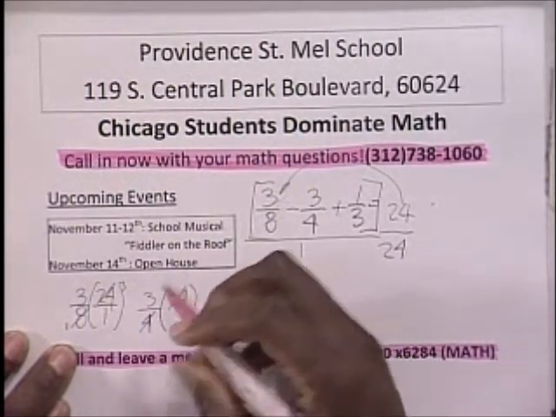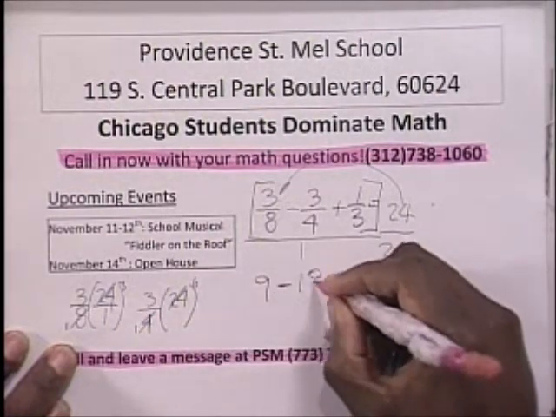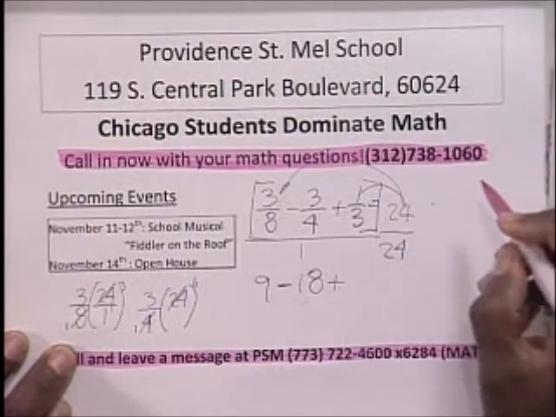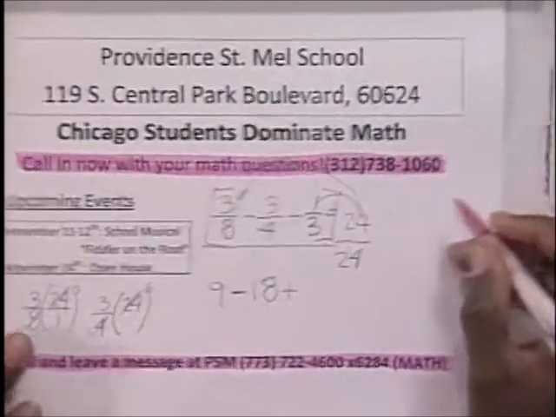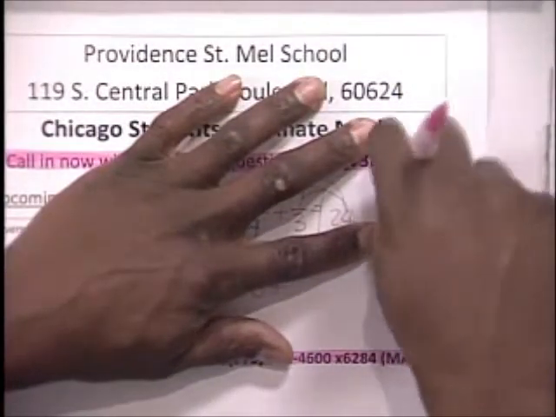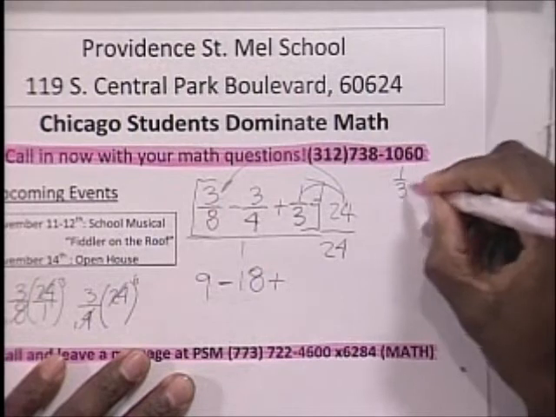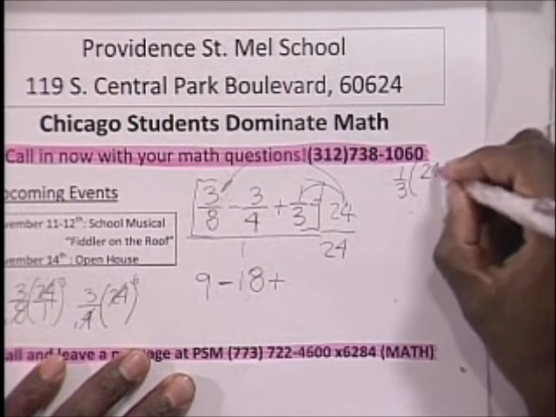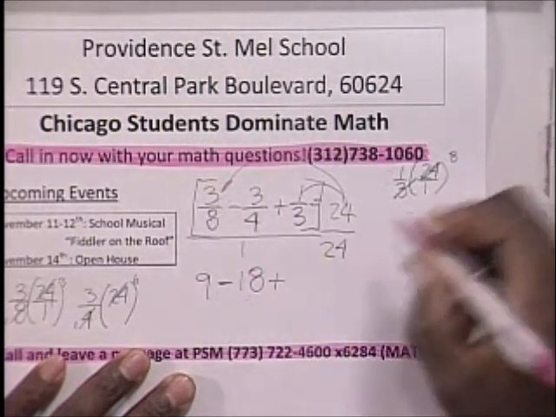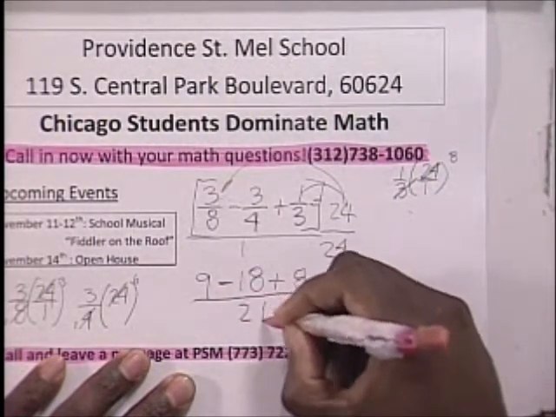The 4 and the 24 cross cancel. That becomes a 6. And you have the 18. That's correct. And then you have the plus. Now let's multiply the 24 times 1/3. My next one after 18, I got 8. All right, so we have 1/3 times 24. And very good. You have 8. And that's all over 24.